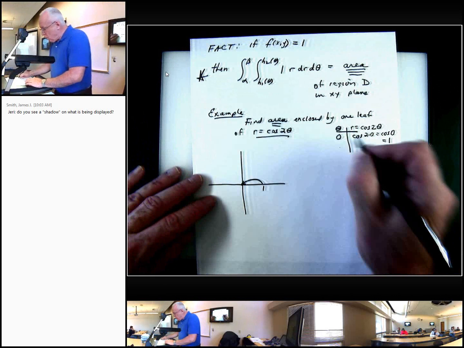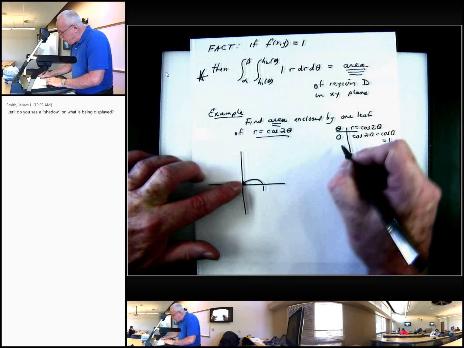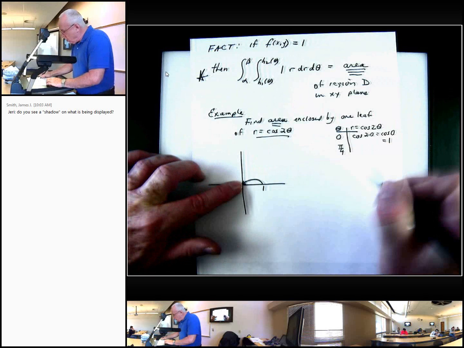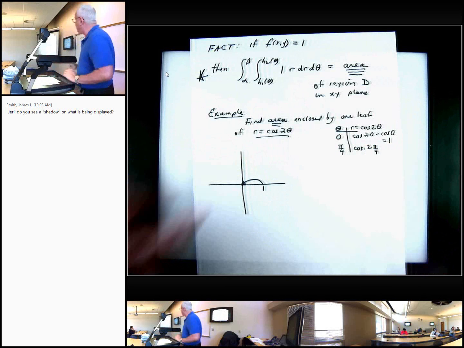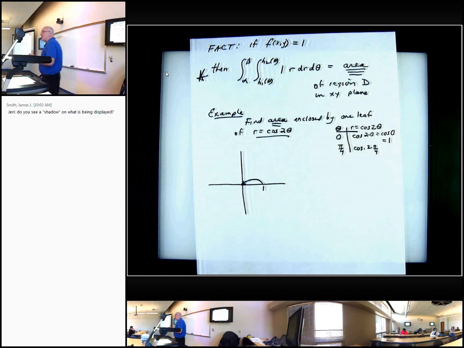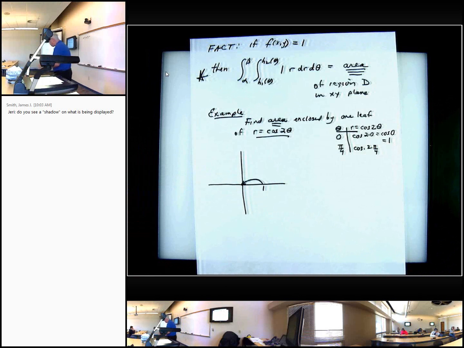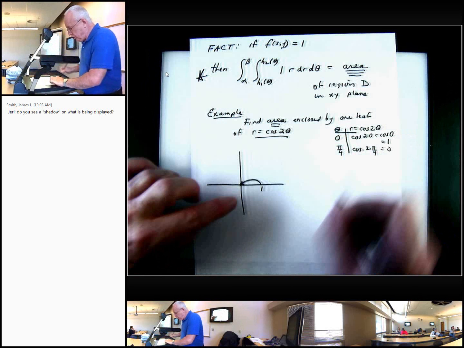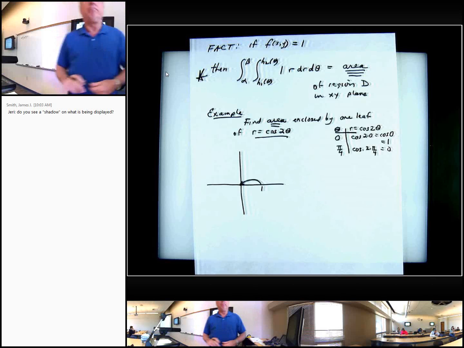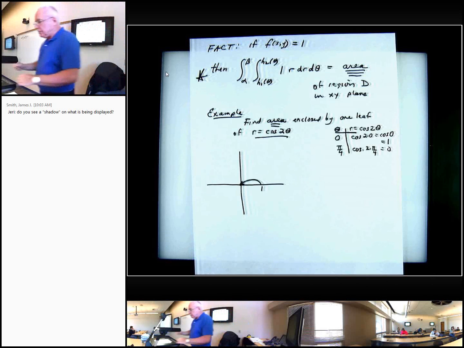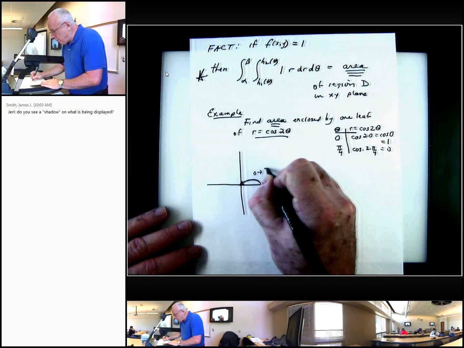And then when theta is equal to pi over 4, r is the cosine of 2 times pi over 4, which is the cosine of pi over 2, which is 0, which is that point collapsing back to the origin. So this is 0 to pi over 4.